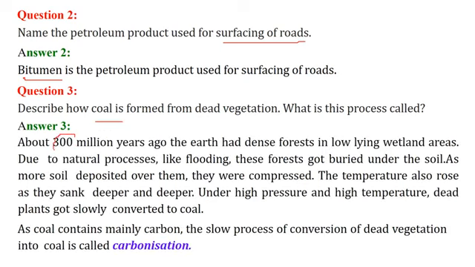About 300 million years ago, the earth had dense forests in low-lying wetland areas, and because of natural processes like flooding, these forests got buried under the soil. As more and more soil deposited over them, they were compressed, and the temperature also rose as they went deeper and deeper.